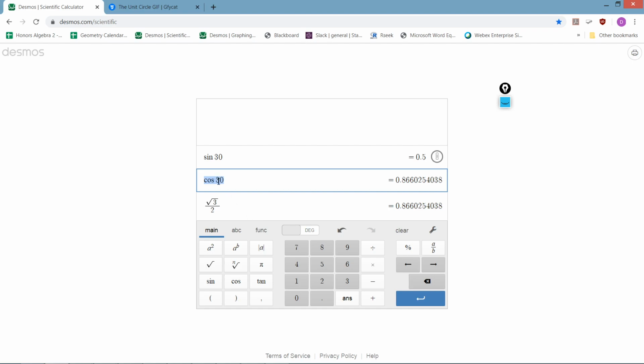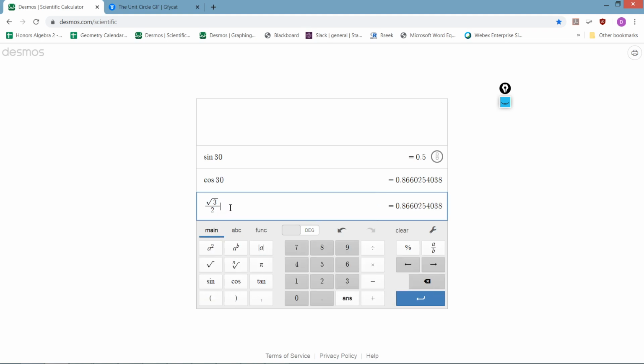You can guess around to figure it out. You're like, is it square root of 2 or square root of 3? I'm not saying you should do that, but if you're totally up a creek and you don't know what to do, this is a good way to verify your answer. If I were taking a test, like an SAT kind of test, and they asked what's cosine of 30, I would start popping in these values to make sure I get the right decimal value that matches my calculator.